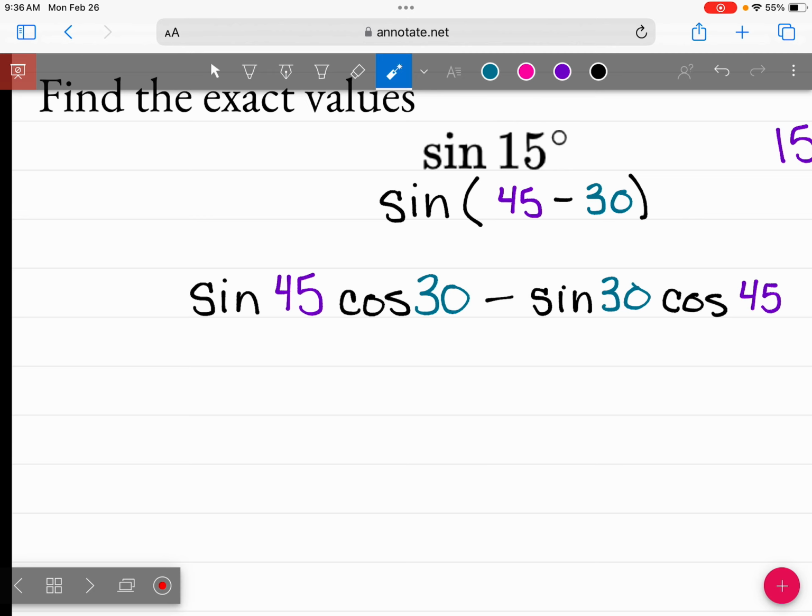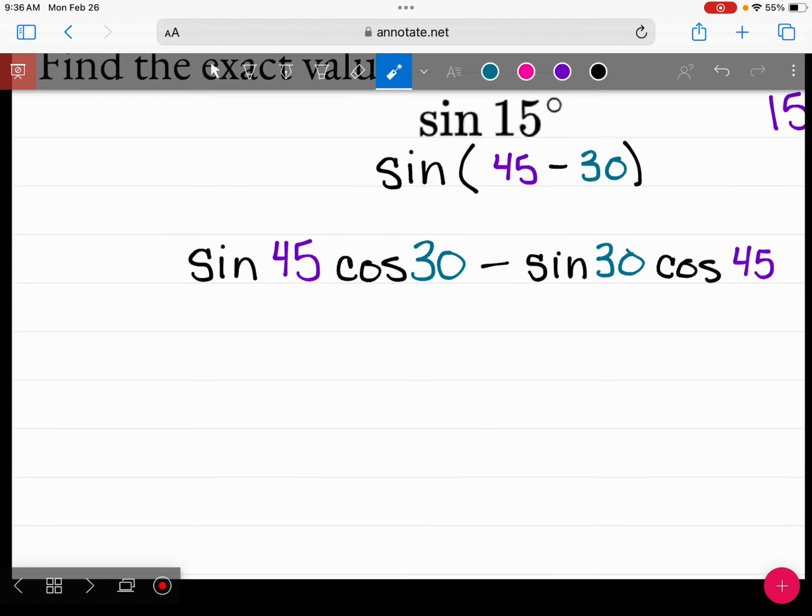So we're taking a number we don't know and splitting it into two numbers that we do know, so that we can find each of these values individually.